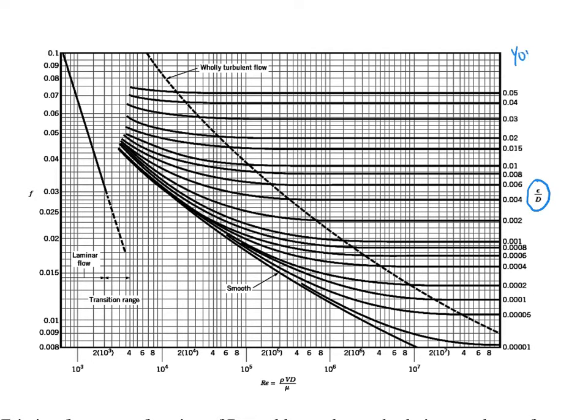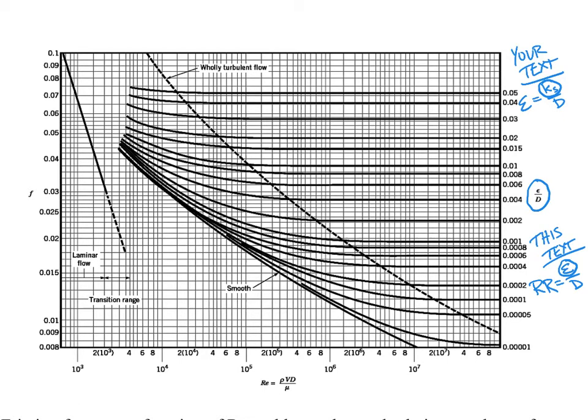In your text, epsilon is the relative roughness, equals Ks over D. In this particular text, there is no symbol for the relative roughness. It equals epsilon over D. The reason that I'm mentioning that is that this Ks in your text is the same thing as the epsilon in this text.